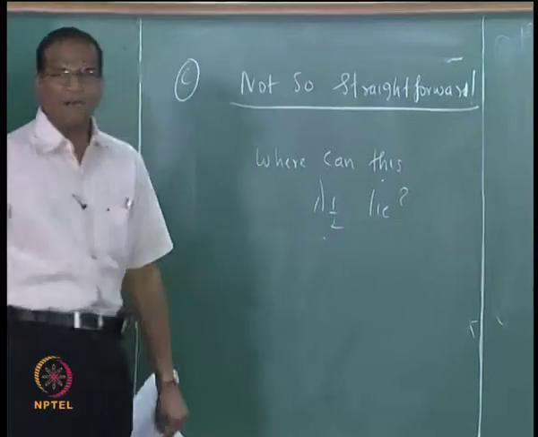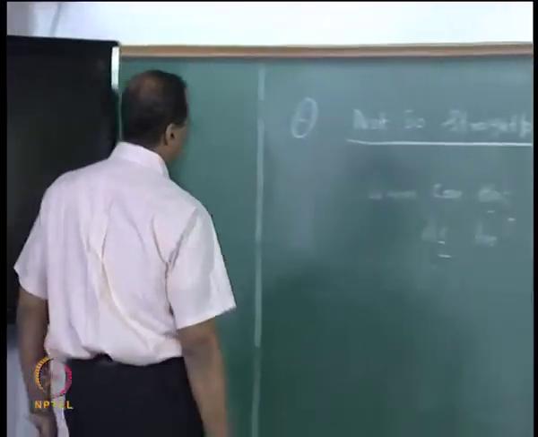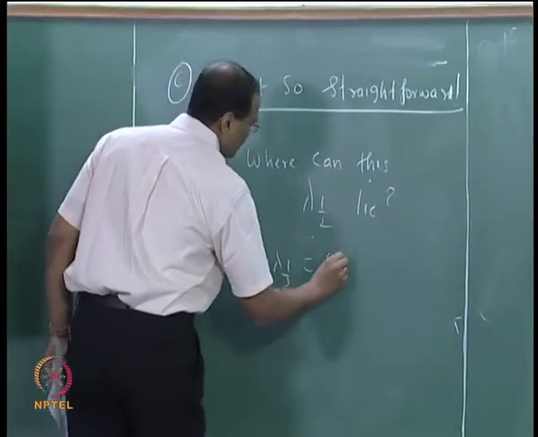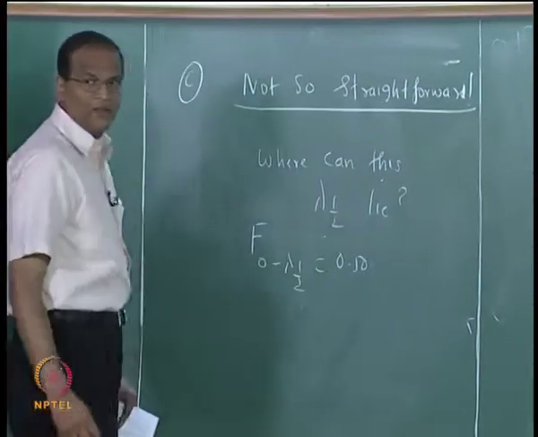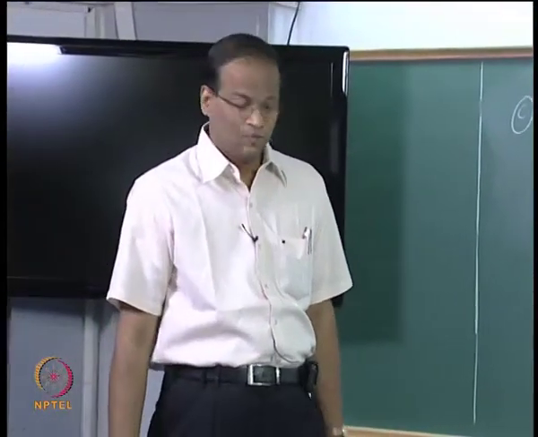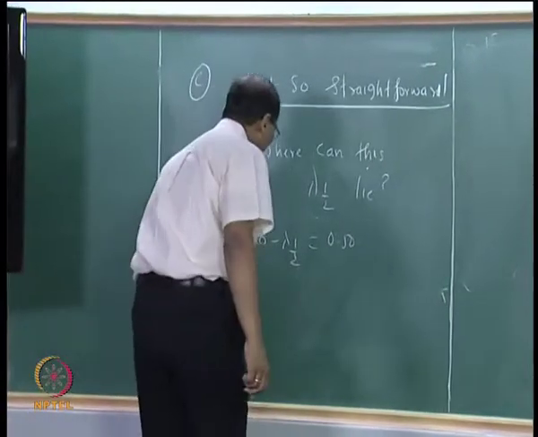So where can this lambda half lie? What is this lambda half? That is F of 0 to lambda half. No, it is not even this.